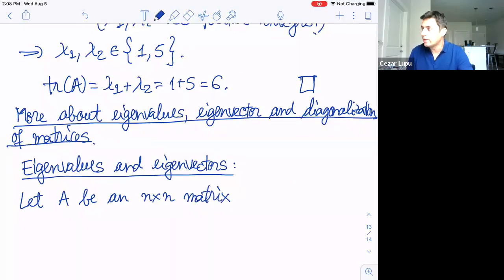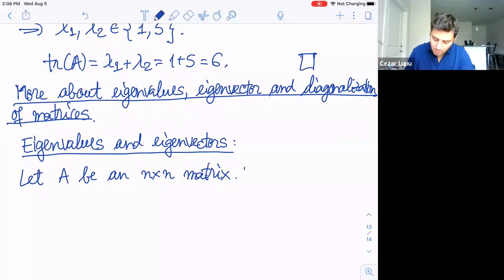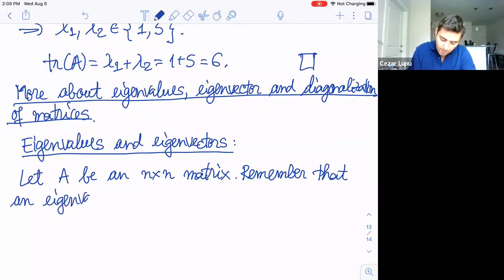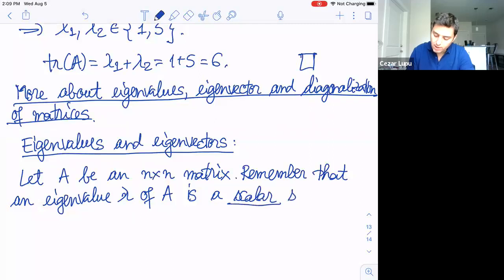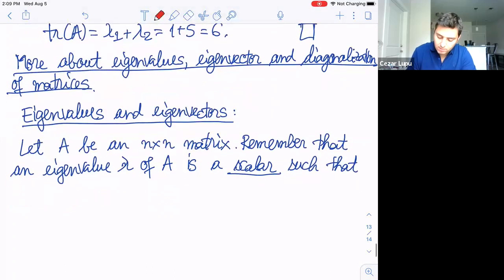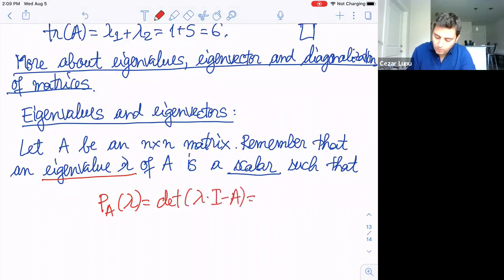And we know that an eigenvalue lambda of A is a scalar such that, basically, the eigenvalue is the root of this polynomial, PA of lambda, which is the determinant of lambda times the identity minus A, equals 0.